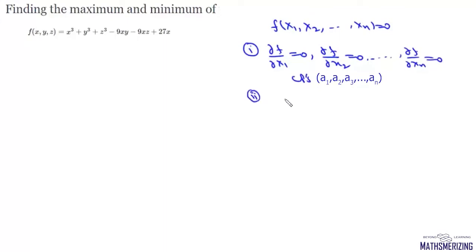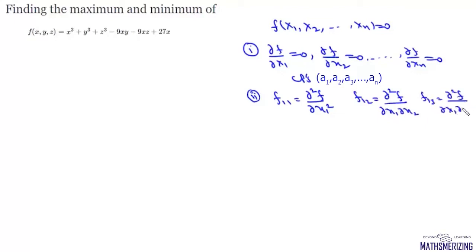Now for the second derivative test, we'll find f11, which is del square f upon del x1 square, f12, del square f upon del x1 del x2, f13, del square f upon del x1 del x3, and in the same way we can find f21, f22, f23, f31, f32 and f33.